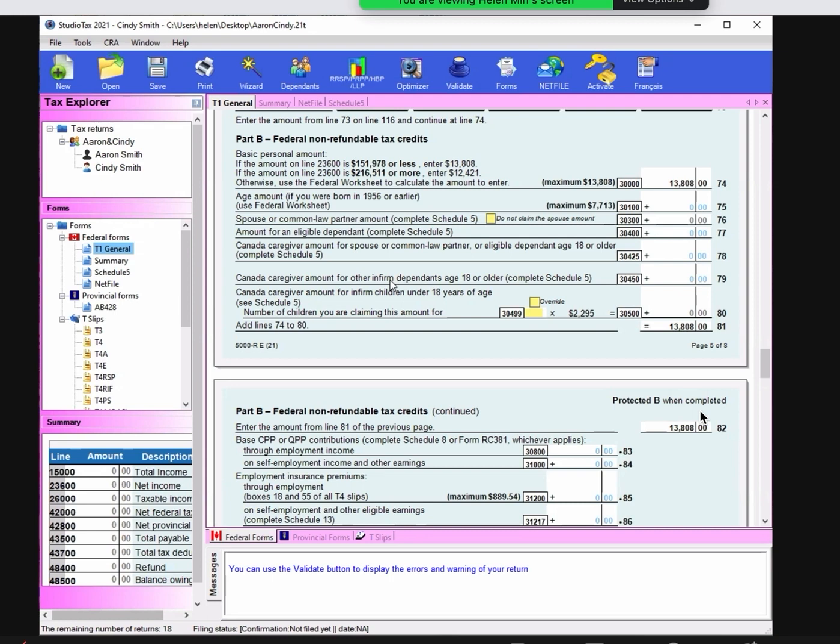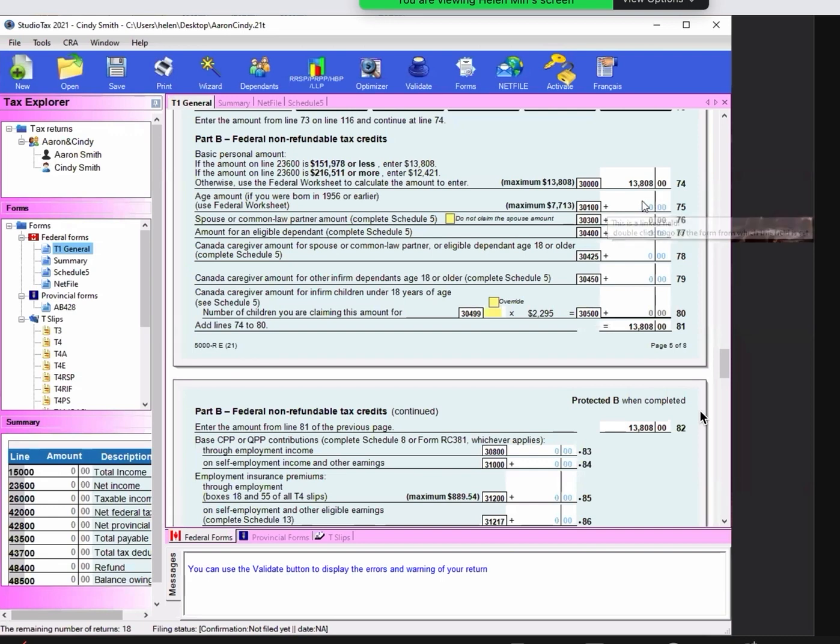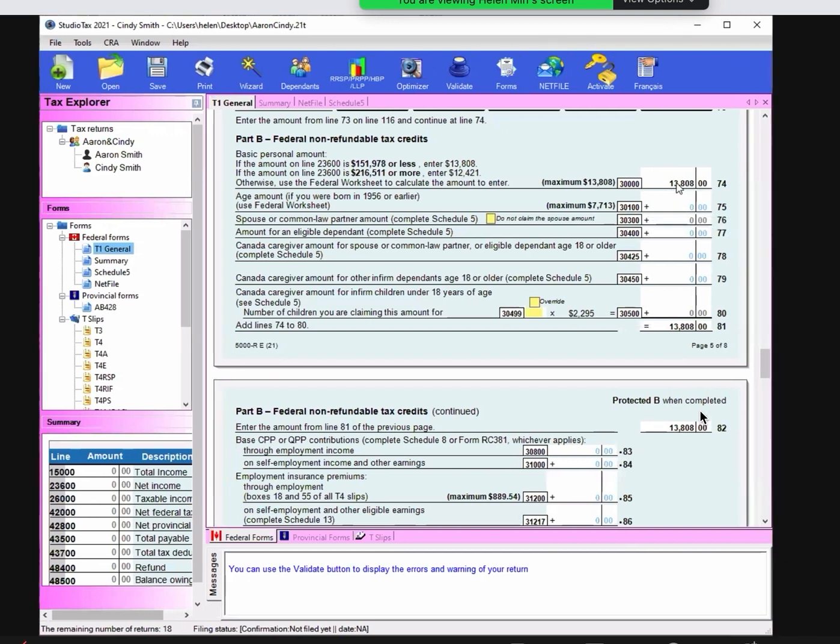Because we know the spouse amount: if income is less than 10,000, that means they don't need to pay tax. Everybody has a basic amount of 13,800 something.